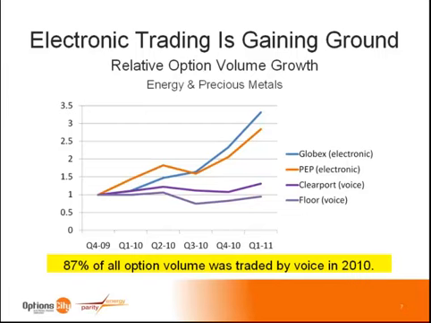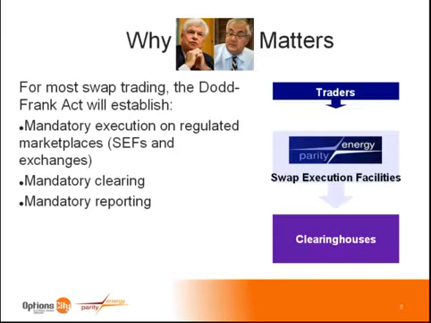So in other words, the option markets in the energy and precious metal space are still very much dominated by voice. So the transition from voice to electronic is expected to accelerate due to the upcoming financial regulatory reform, as we will see on the next slide.